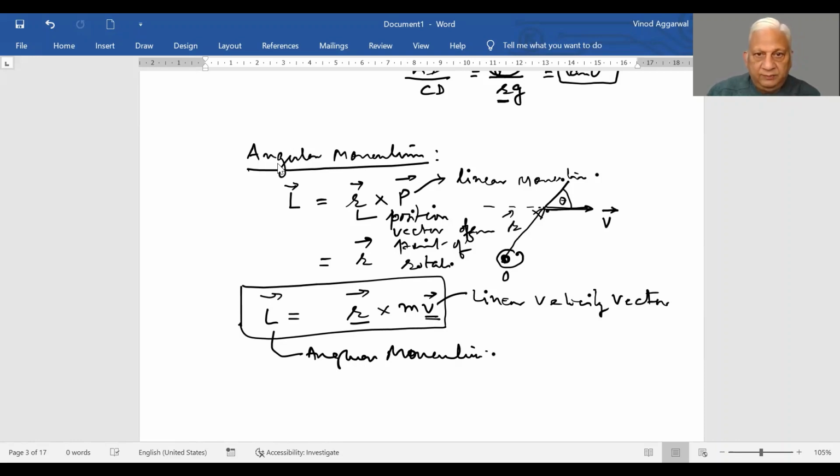Now in this diagram, if we take this point as O, this point as P, then this position vector becomes OP.